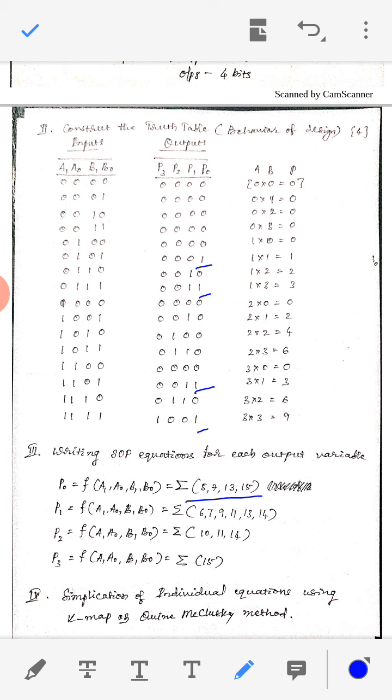You can see the input values 5, 7, 13 and 15, where the output is 1, so this is a SOP form: 5, 7, 13, 15. Similarly, P1 is 1 at 6, 7, 9, 11, 13, 14 and P2 is for 10, 11, 14, and P3 you can see only one value, which is 15 here.